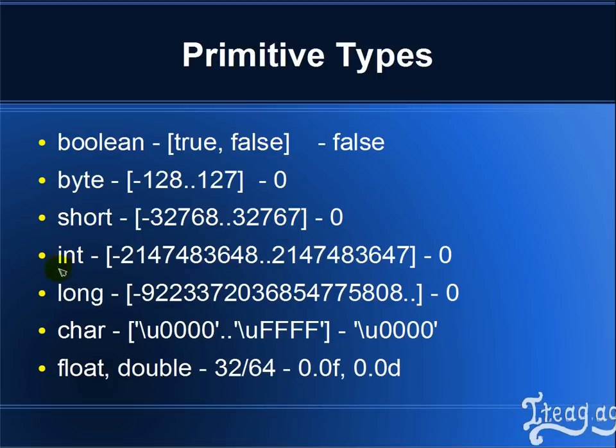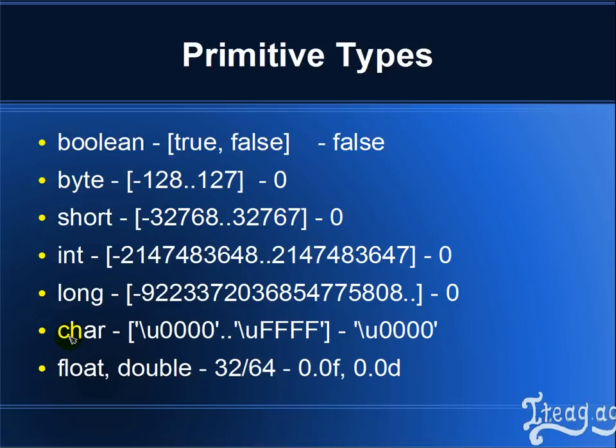This is the standard one that's used for a lot of Java, and it goes from negative 2,147,483,648 to the other side, which is that number minus 1. It defaults to 0. Then we have long, which I'm not even going to attempt to classify. This number is really big, and only the negative side fits in. But on the positive side, instead of an 8, it has a 7. So there you go. And 0.